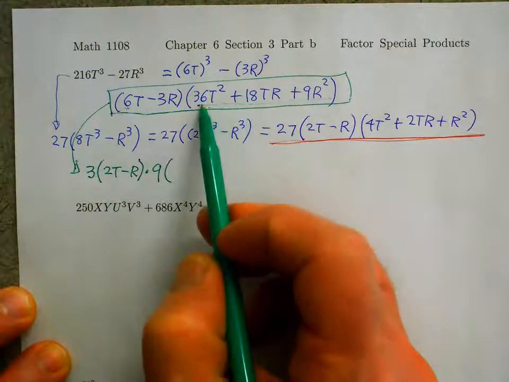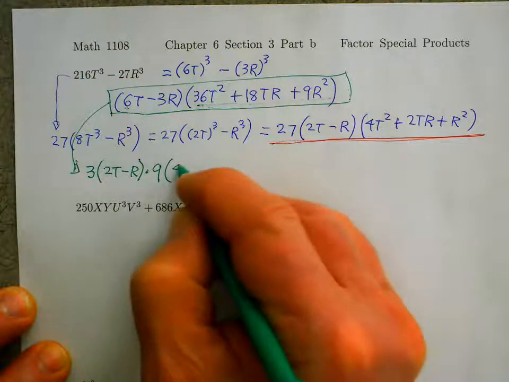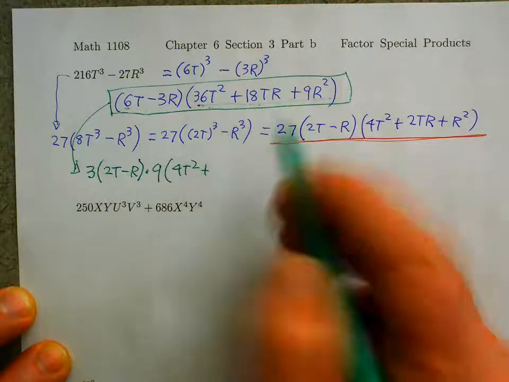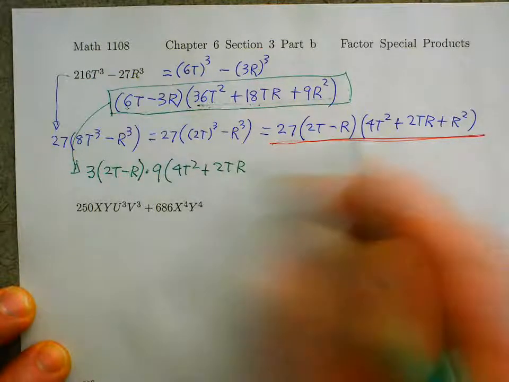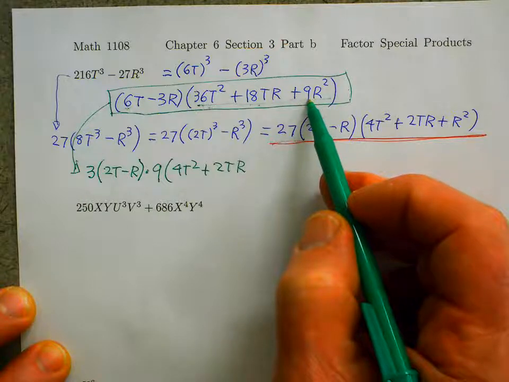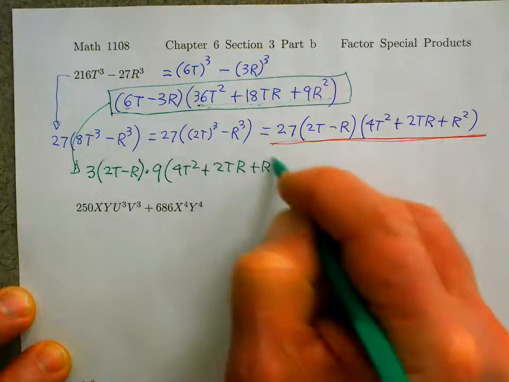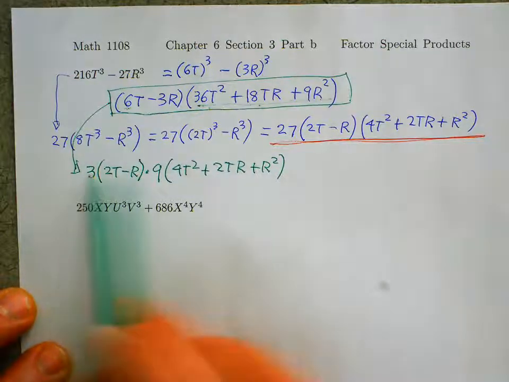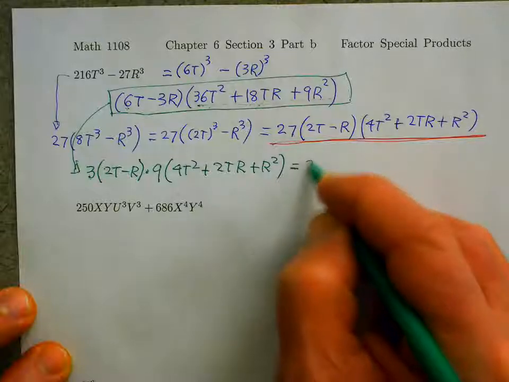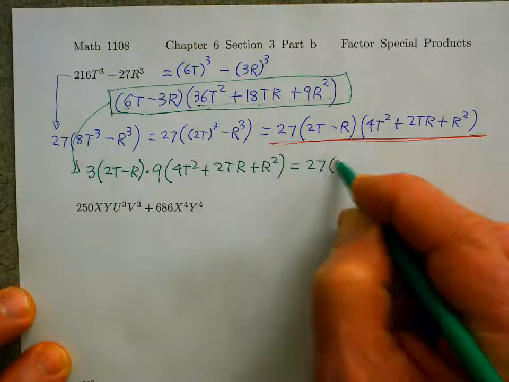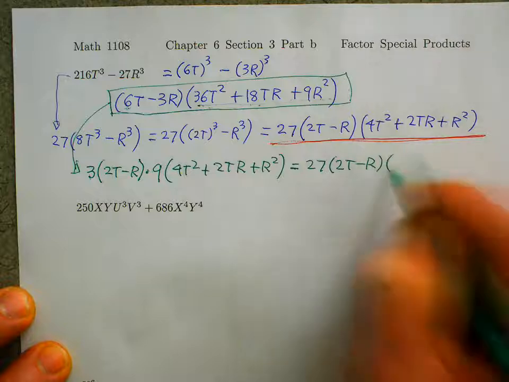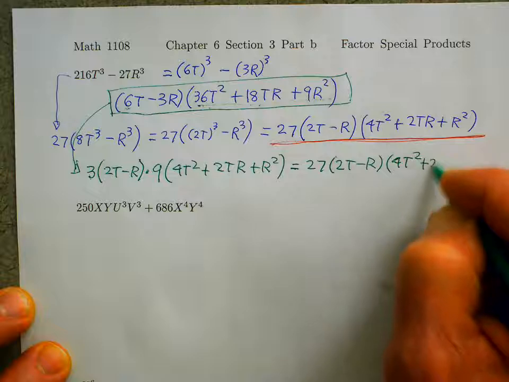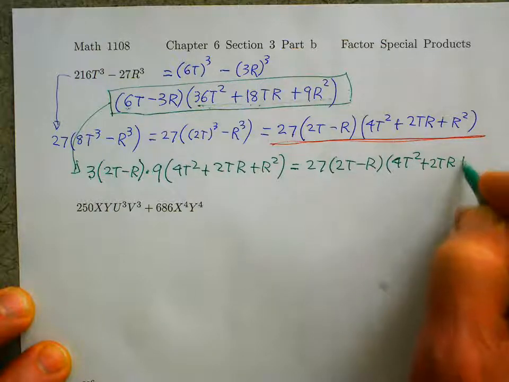When we factor 9 out of 36t squared, we get 4t to the second. And then factor 9 out of 18tr, we get plus 2tr. And factor 9 out of 9r to the second, we're left with r to the second. And then when you multiply the numerical factors, 3 times 9, we get 27, and then the binomial 2t minus r, and then the trinomial 4t to the second plus 2tr plus r to the second.